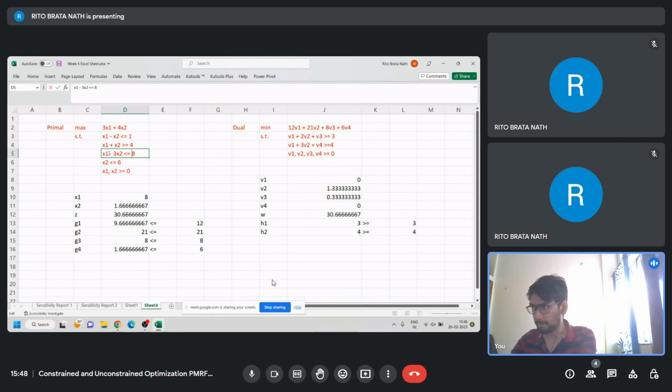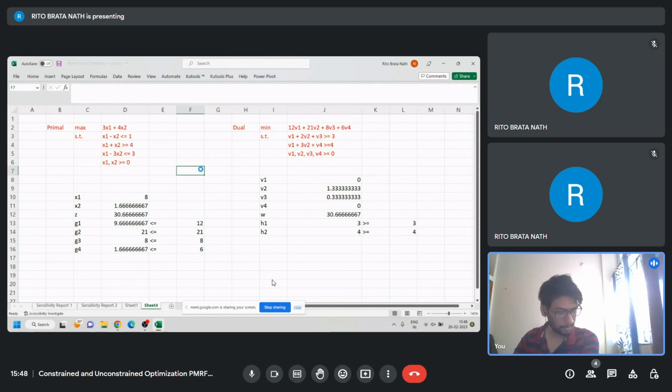But you don't have anything like this. And x1 and x2 are greater than or equal to 0. I have to redo it anyway. So this is your primal problem.